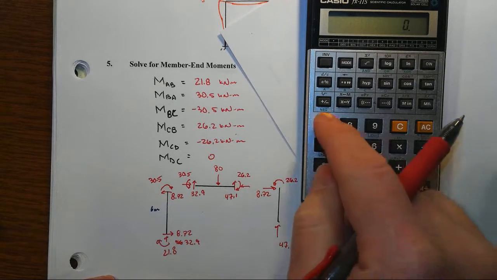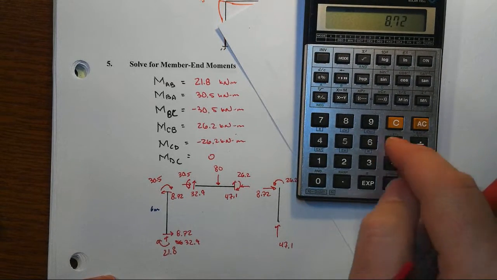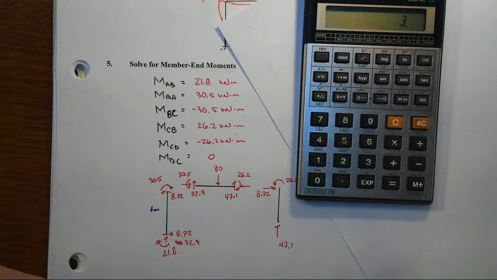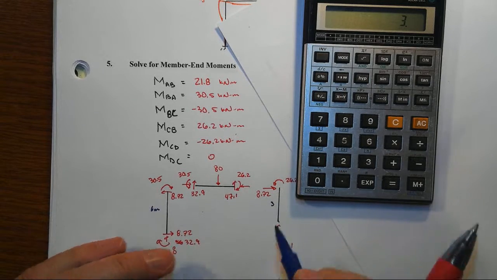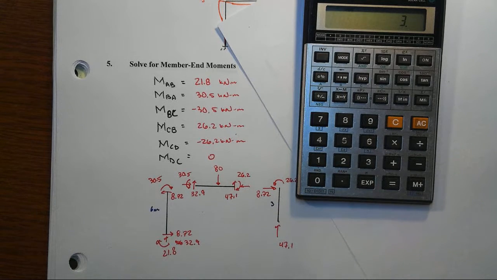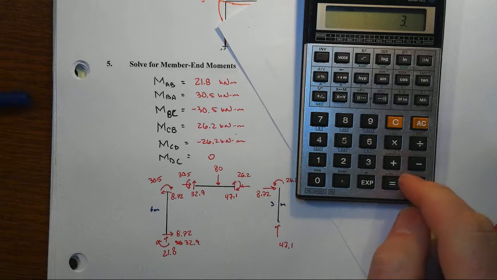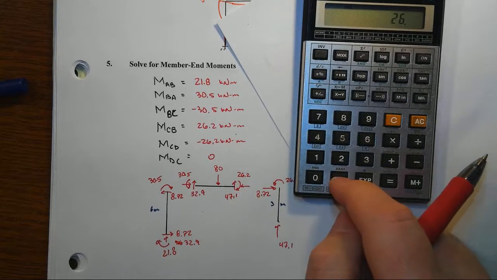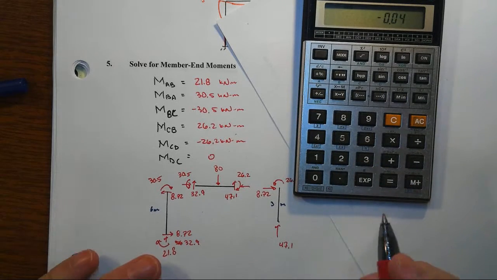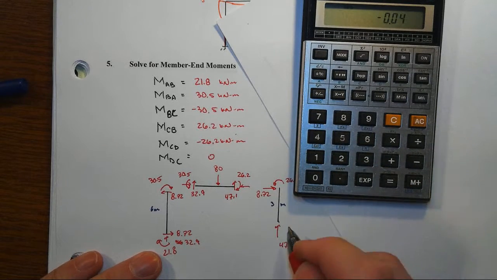Let's see what we get. 8.72 times 3 meters for the moment arm for that one, and then minus the 26.2, and a little rounding error there. Sure enough, we get 0 down there.